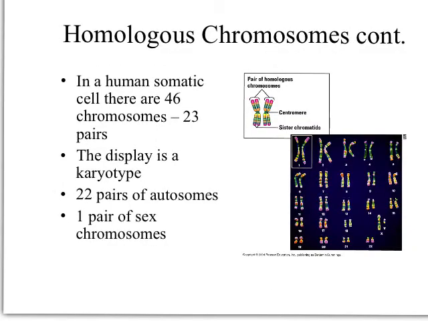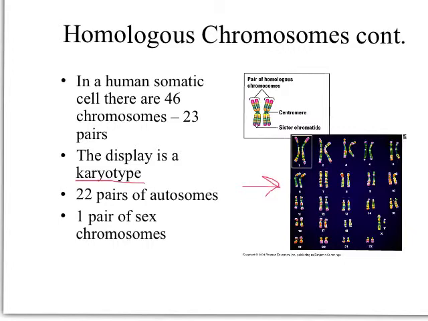So in us humans, we have in our somatic cells, so that's every other type of cell in our body besides our sex cells, besides the eggs and the sperm, 46 chromosomes, or 23 pairs, and we can see that over here in what's called a karyotype. Okay, so when we display it like this in picture form, it is called a karyotype, and we can see that we have 23 pairs.